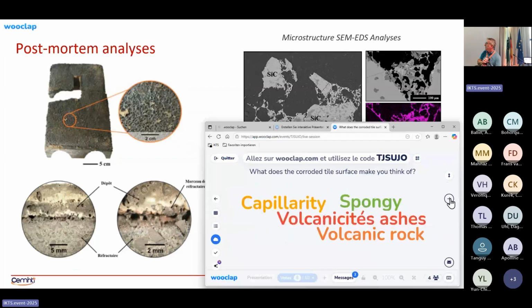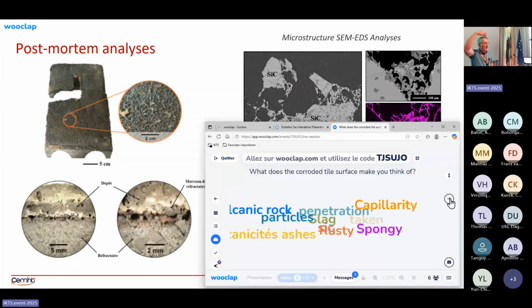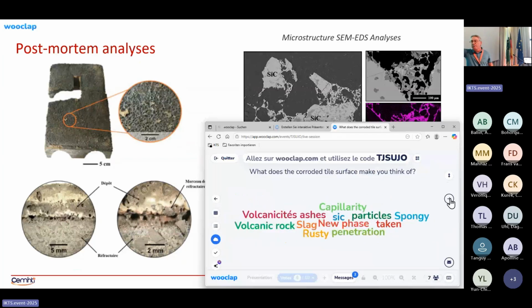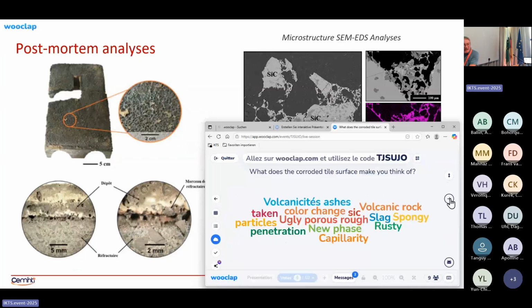You can observe some craters. And these craters have a size much bigger than the size of the biggest grain of silicon carbide. That means that it is not a silicon carbide which has been detached. It is something different.